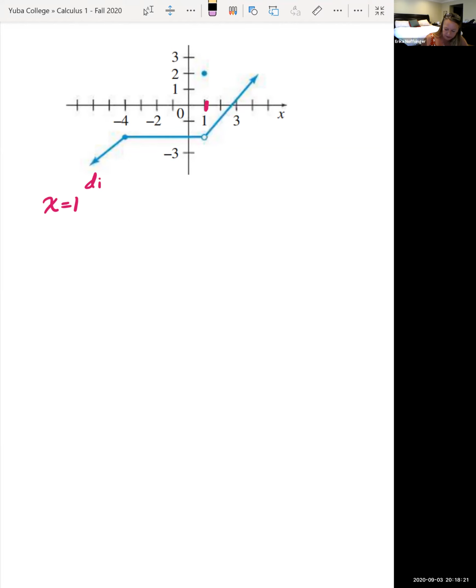Continuous. And then one of the questions was, does f of 1 exist? Okay, so what do you think in that case?